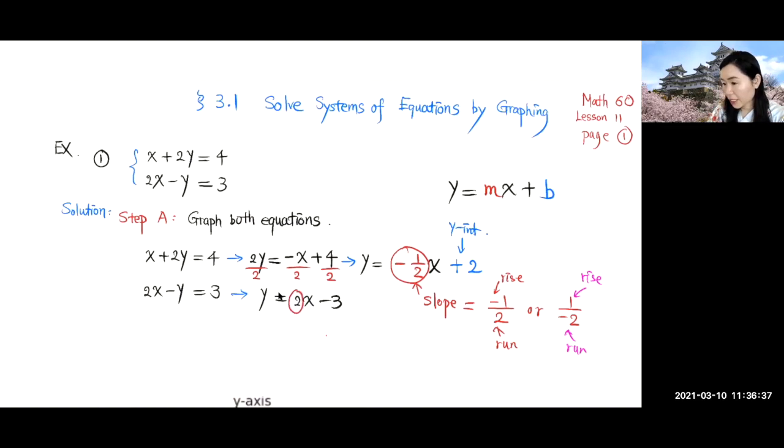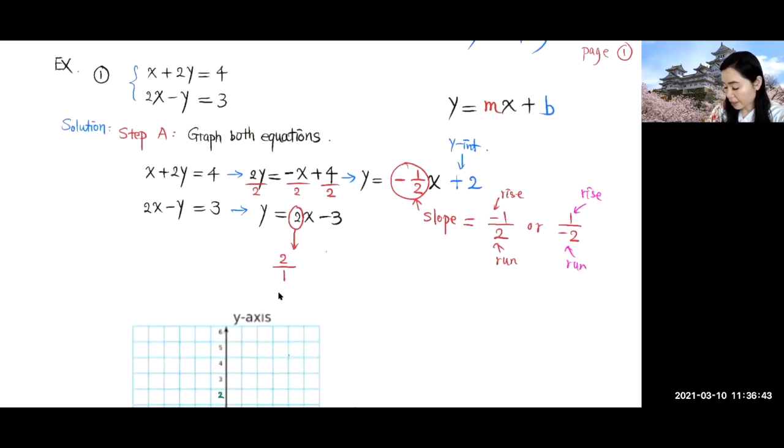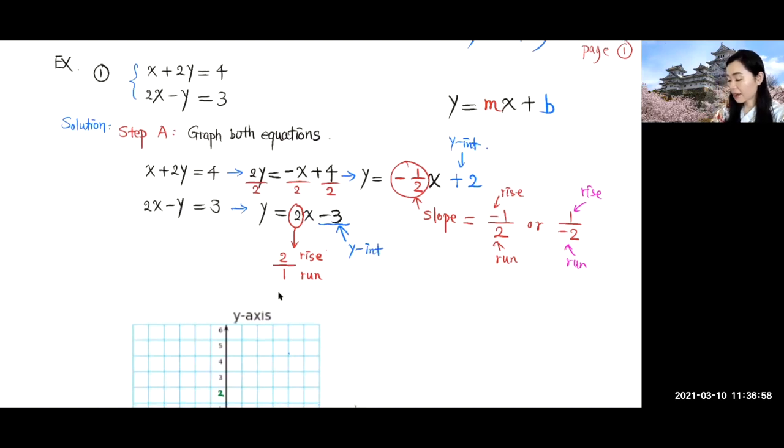The 2 here is the slope; you can think of it as 2 over 1, so the rise is 2 and the run is 1. The y-intercept is negative 3. Now I have both equations in slope-intercept form.